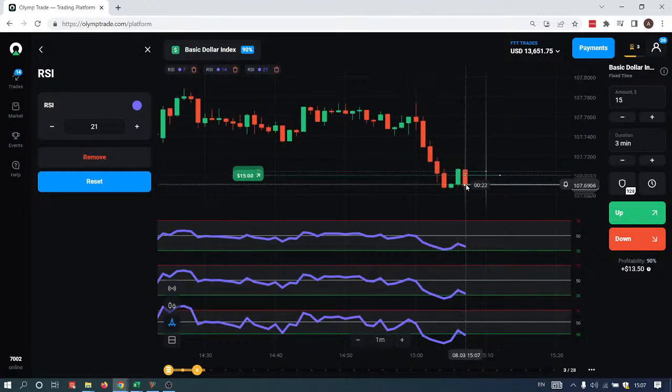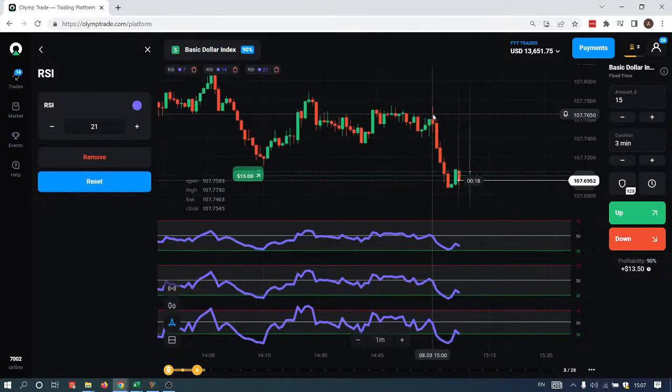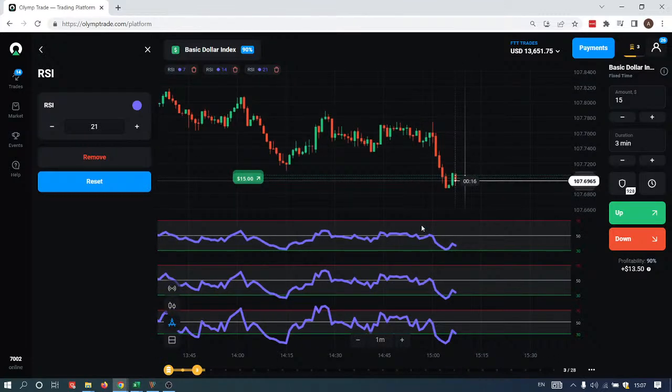All right, so for those who are already familiar with this indicator, that'll be some repetition. The main signal in this indicator comes when the RSI line goes either below 30 or above 70.